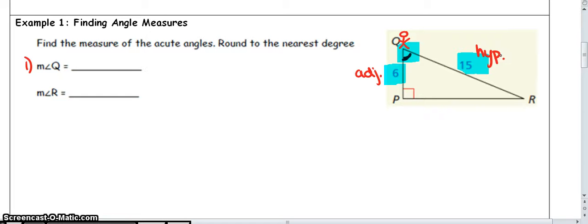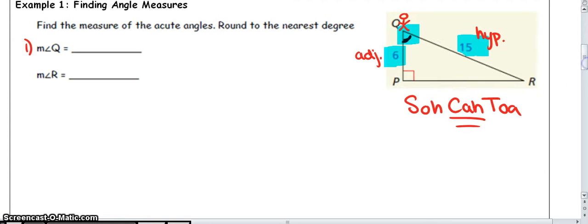So I have the adjacent side and the hypotenuse, and I want to set up a trig function that models adjacent and hypotenuse. If I think of my SOHCAHTOA, which one uses adjacent and hypotenuse? In this case, it would be the CA, which is the cosine.